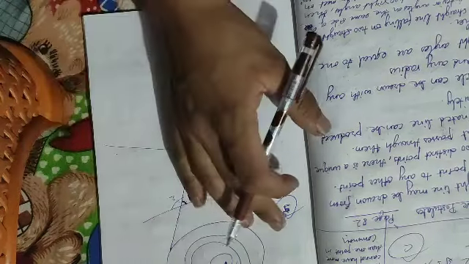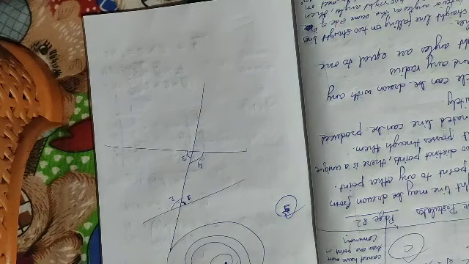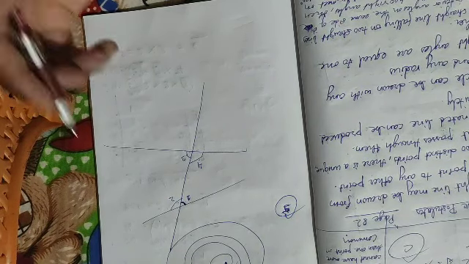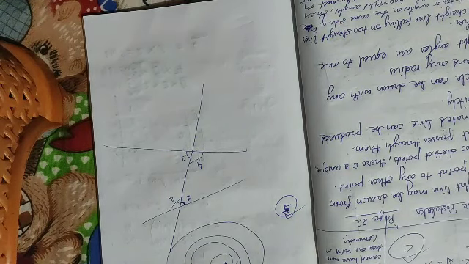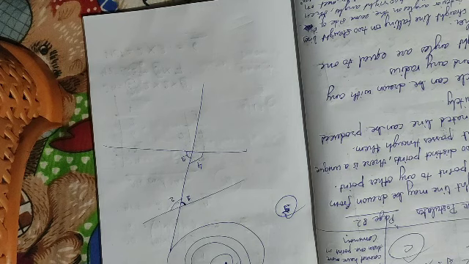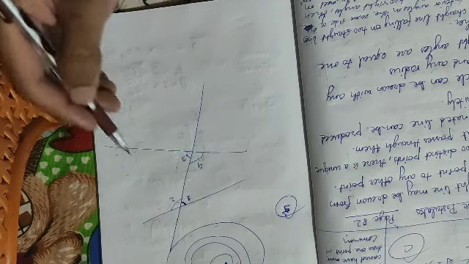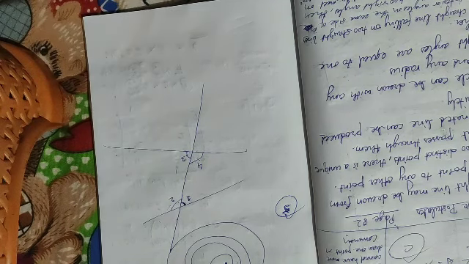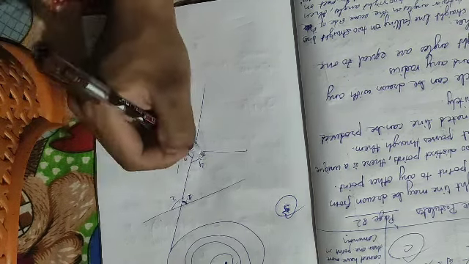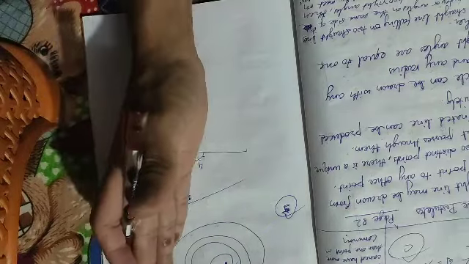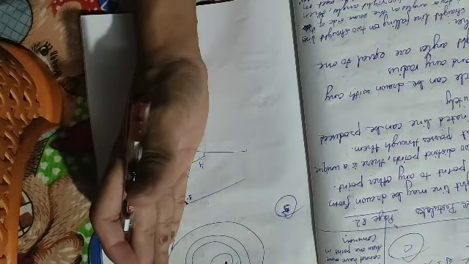But here what the postulate is saying is that we will consider the interior angles on the same side, means consecutive interior angles, these two and these two on the same side of this line.